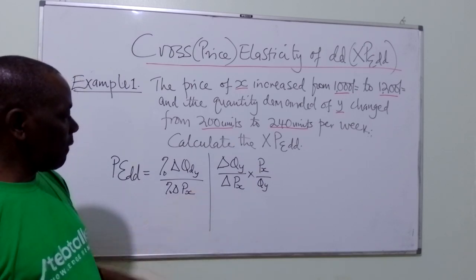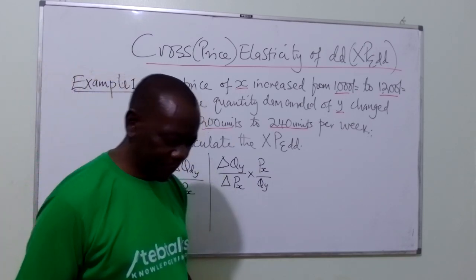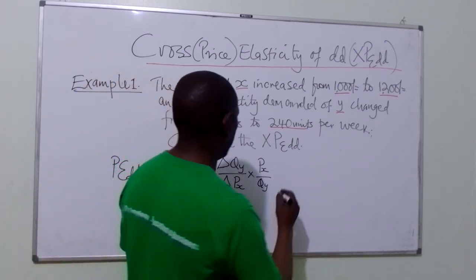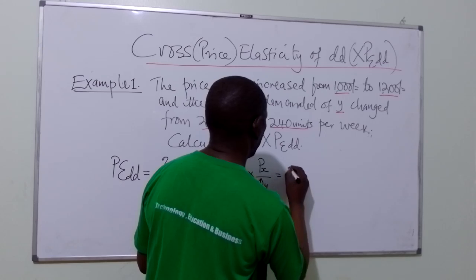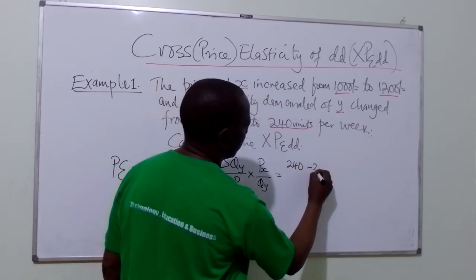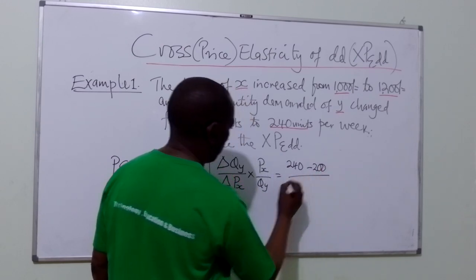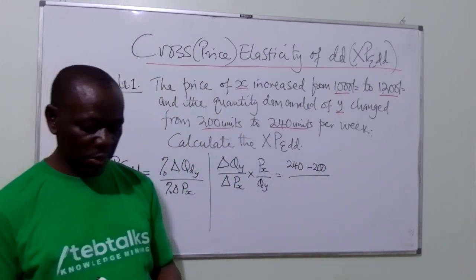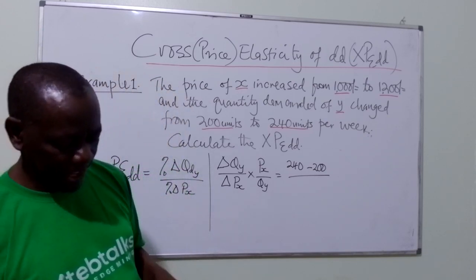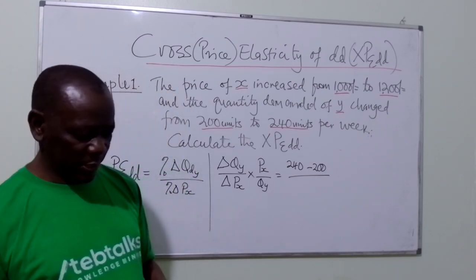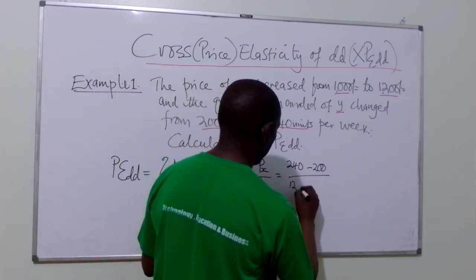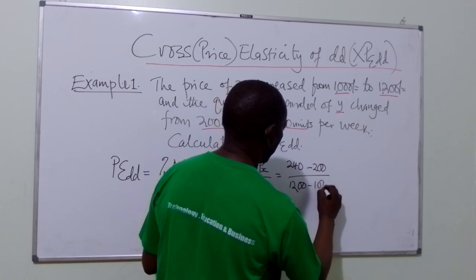So if we go by this, what do we do? What we are going to do is get 240 minus 200 over the change in the price. The change in the price has been 1,200 minus 1,000.